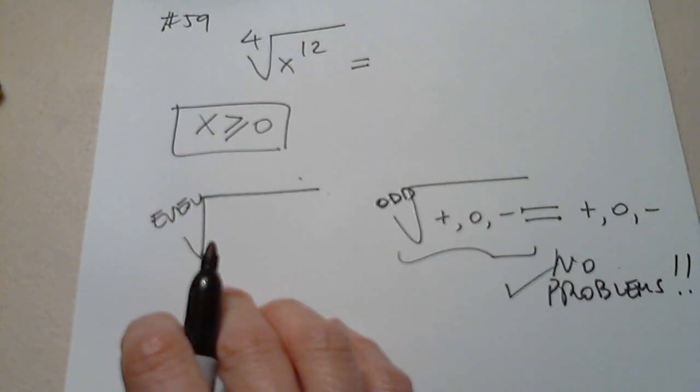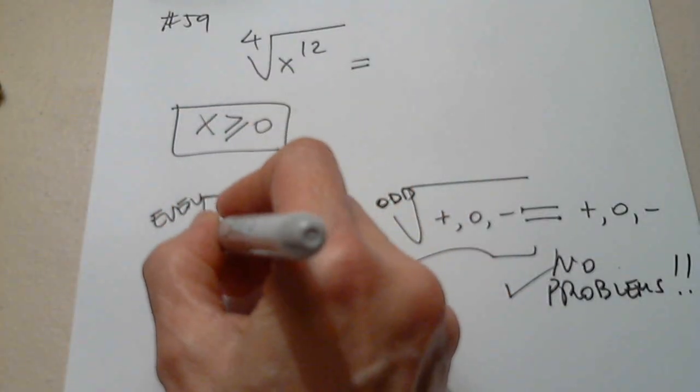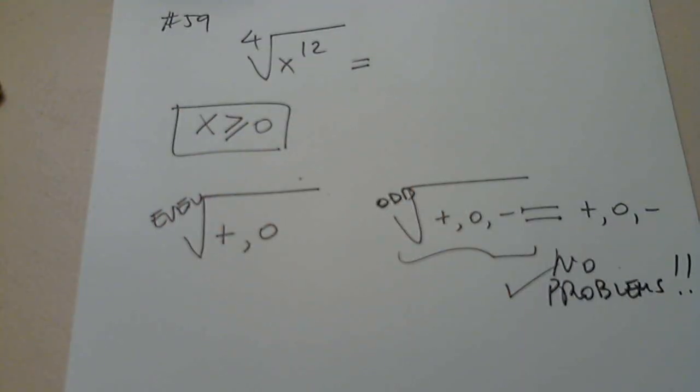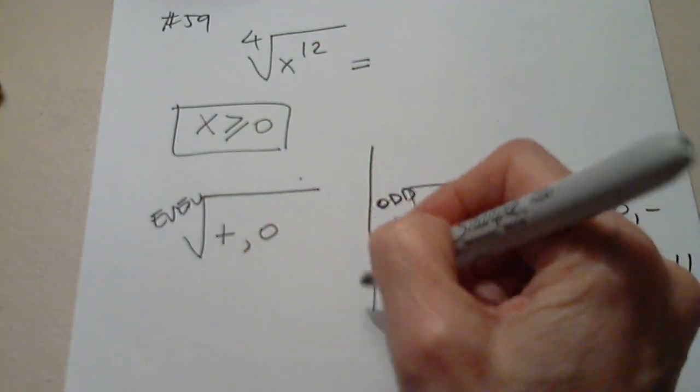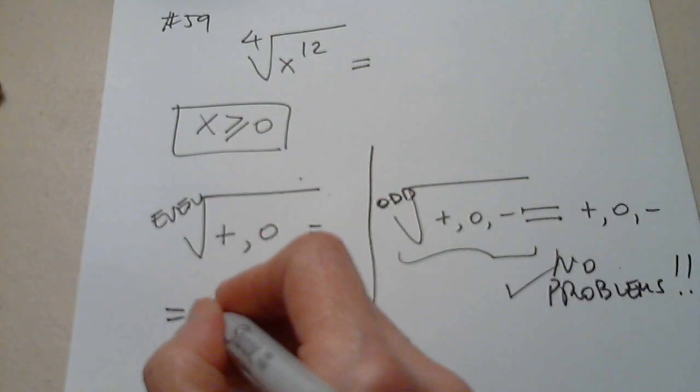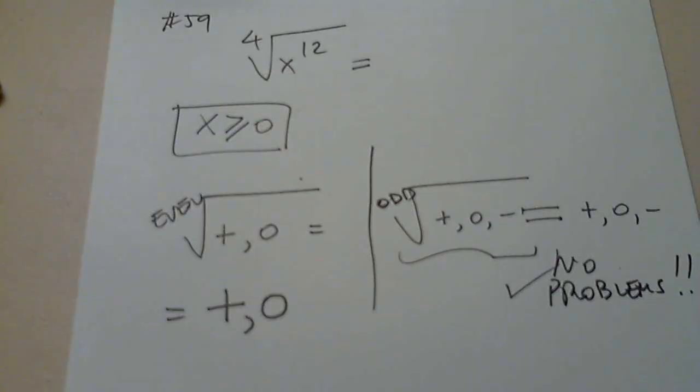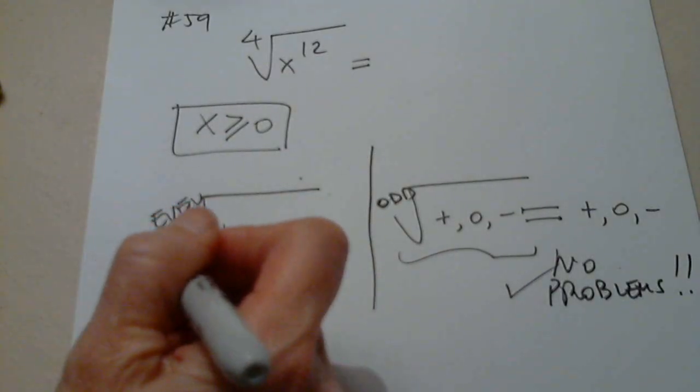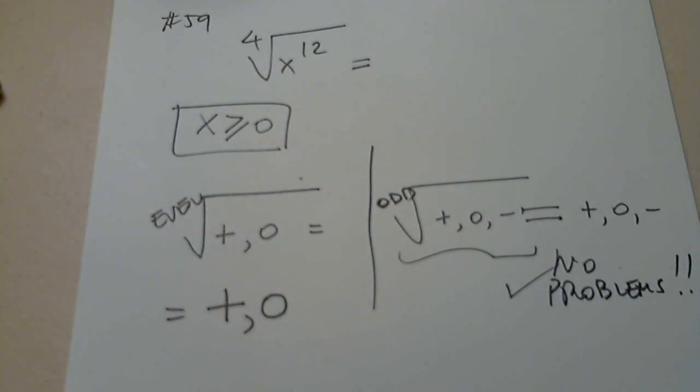This one is an issue because first of all, it can only have positive or zero underneath, and the answer has to be always positive or zero. Well, of course, unless there is a minus in front, but that's a different story.